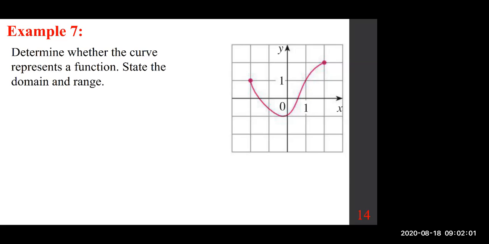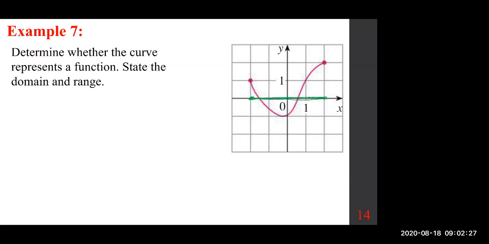Now, as far as the domain and range is concerned, so this point, and then I'm looking at this point, along the x-axis what we cover, this much, okay? So we cover from -2 to 2. Let me use a different color. That is for the domain. Let me use a different color for the range.